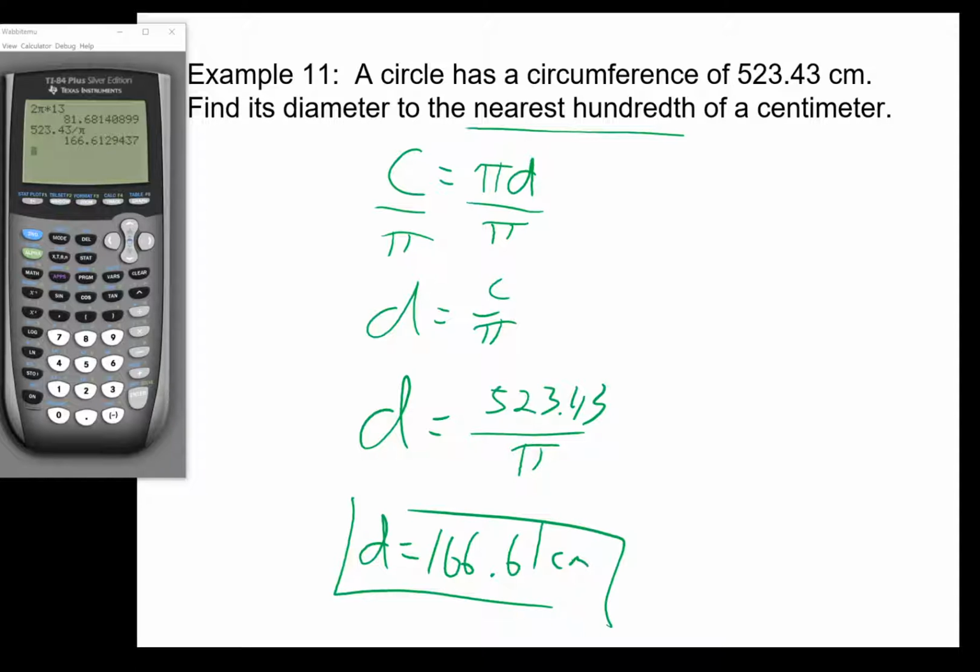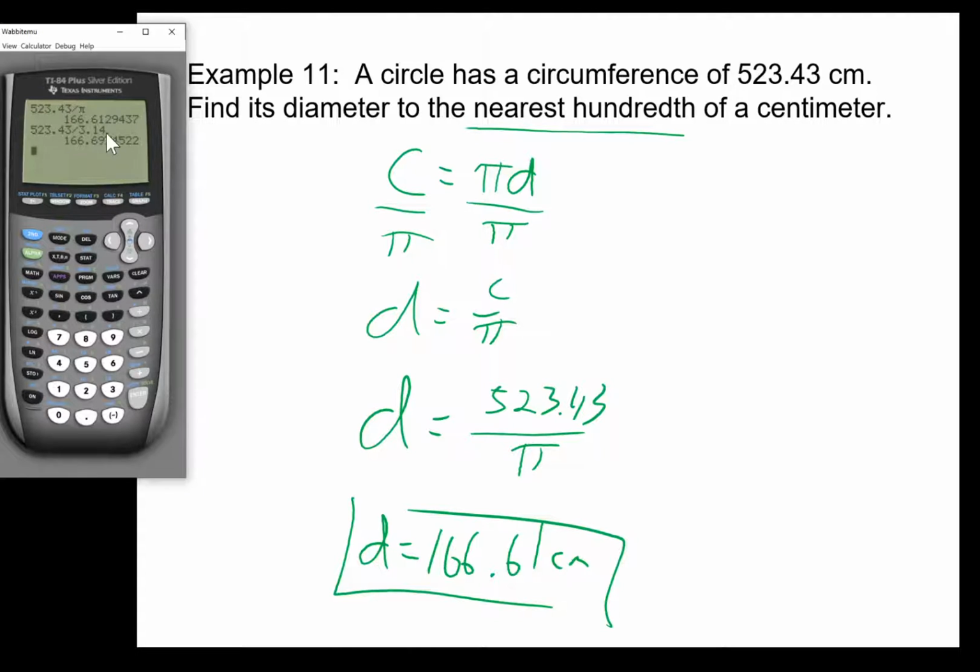Now let me take a minute to show you why we don't use 3.14. If we did 523.43 divided by 3.14, notice how they are close, but you'll get a different answer.